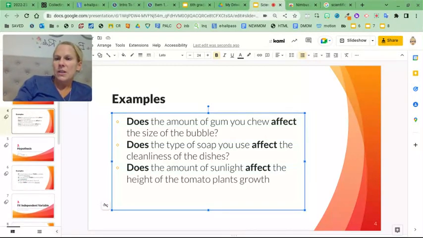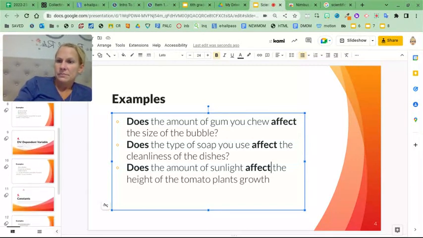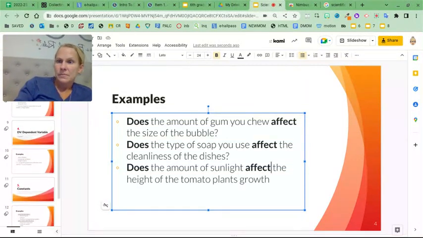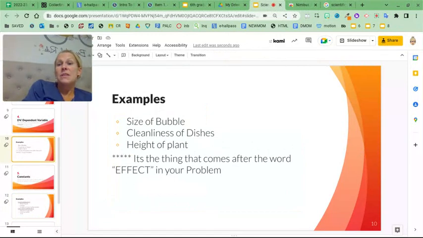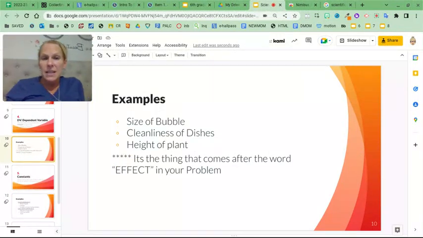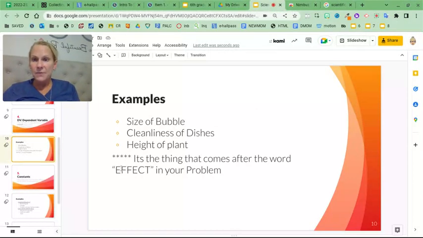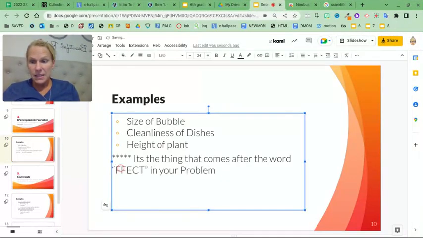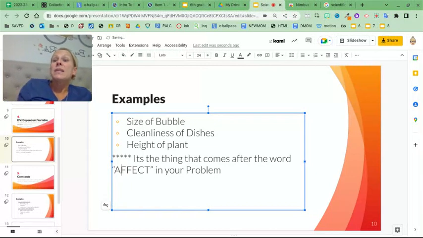So if we look at our slide, there is size of bubble, cleanliness of dishes, and height of plants. It's everything that comes after the word affect because it's what is affected by the independent variable.